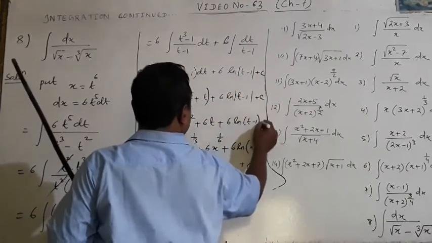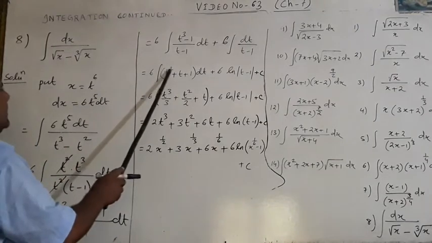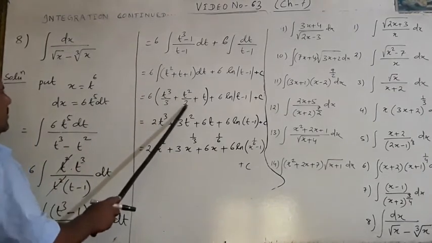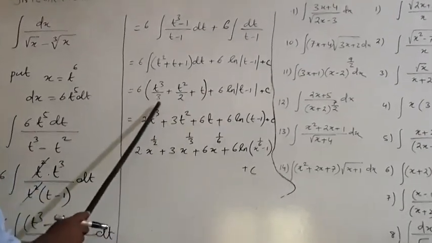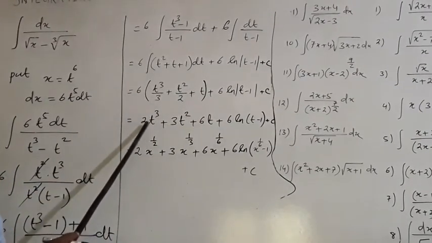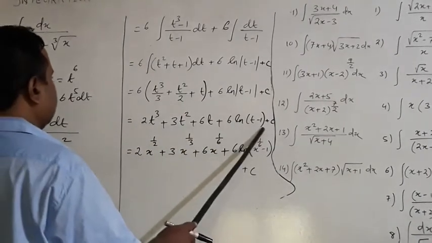Its integration: t^3 by 3, t^2 by 2, t, and 6 ln(t minus 1), and if you multiply by 6, it becomes 2t^3, 3t^2, 6t, 6 ln(t minus 1).